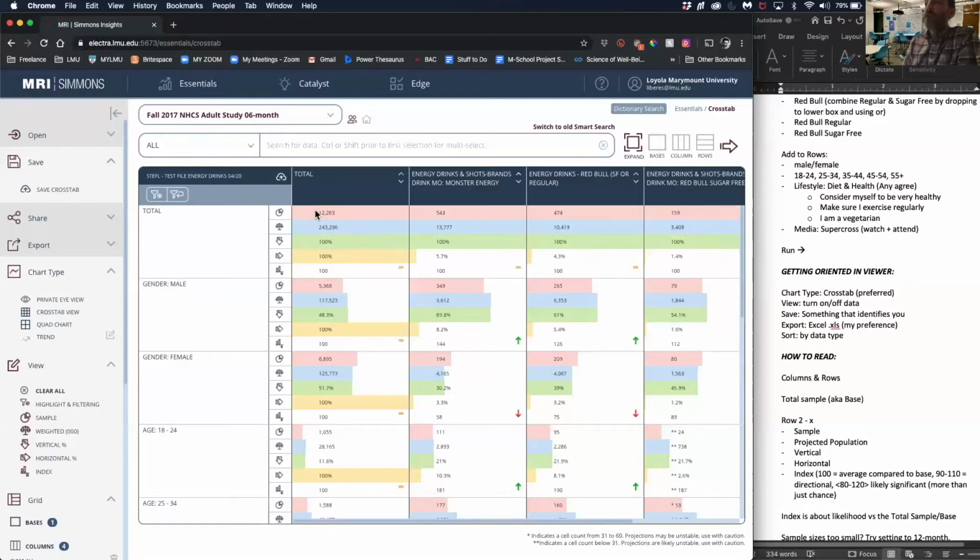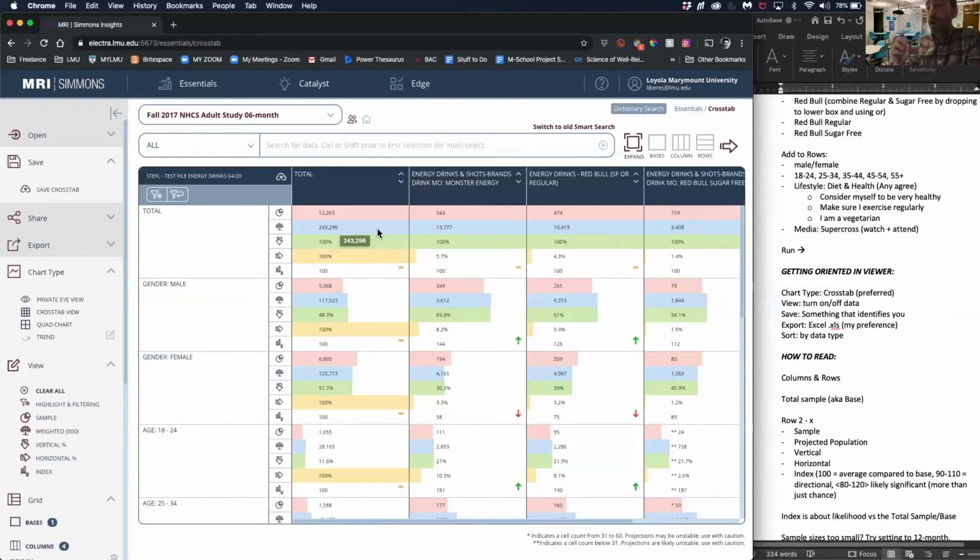So you add 3 zeros here: 243,296,000 US adults.